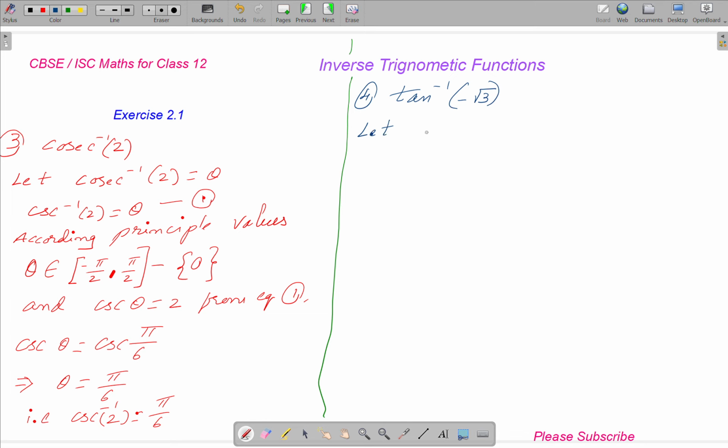Let tan inverse minus root 3 be equal to theta, or tan theta is equal to minus root 3.